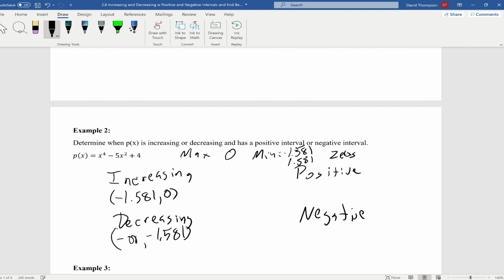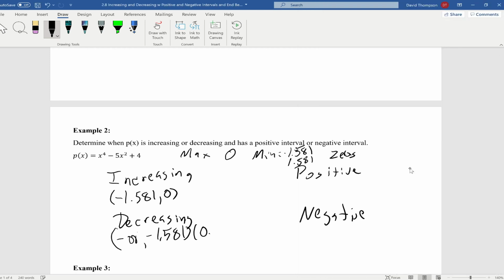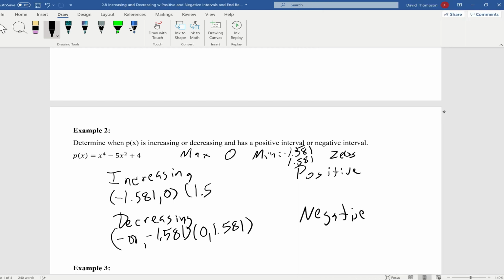So again, we're just using our maxes and mins. Then we start decreasing from 0 to positive 1.581. And then we start increasing from positive 1.581 to infinity. So we've handled our increasing and decreasing intervals.